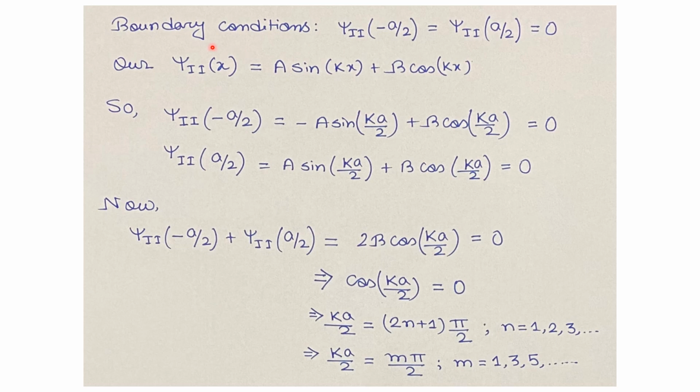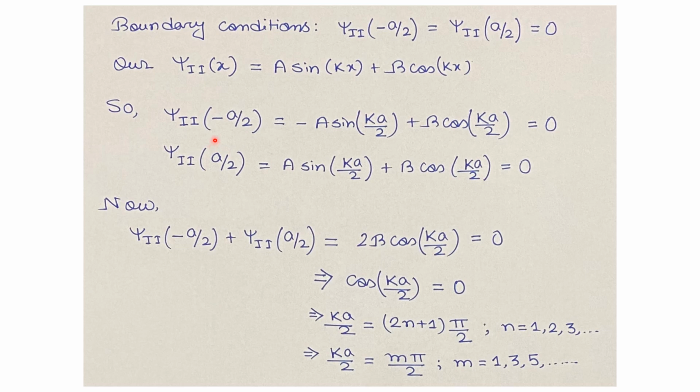Now we will apply the boundary conditions, that is psi 2 at x equals minus a by 2 equals psi 2 at x equals a by 2 equals 0. Now we found that our wave function in region 2, that is psi 2 as a function of x, equals a times sin kx plus b times cos kx.